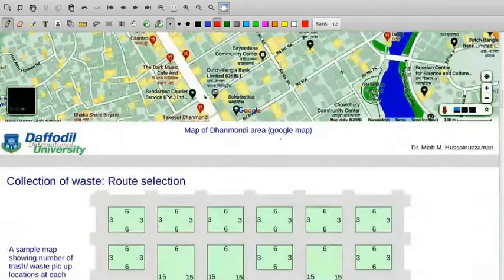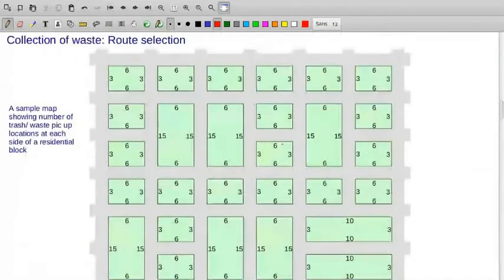Okay, so finally the map will look like this. The waste collection map will look like this. These are the roads where we can drive our vehicle. And in Bangladesh, we have left-hand side driving. So this way go and this way coming back. If the road is very narrow, one operator can collect waste from both sides when driving through this road.